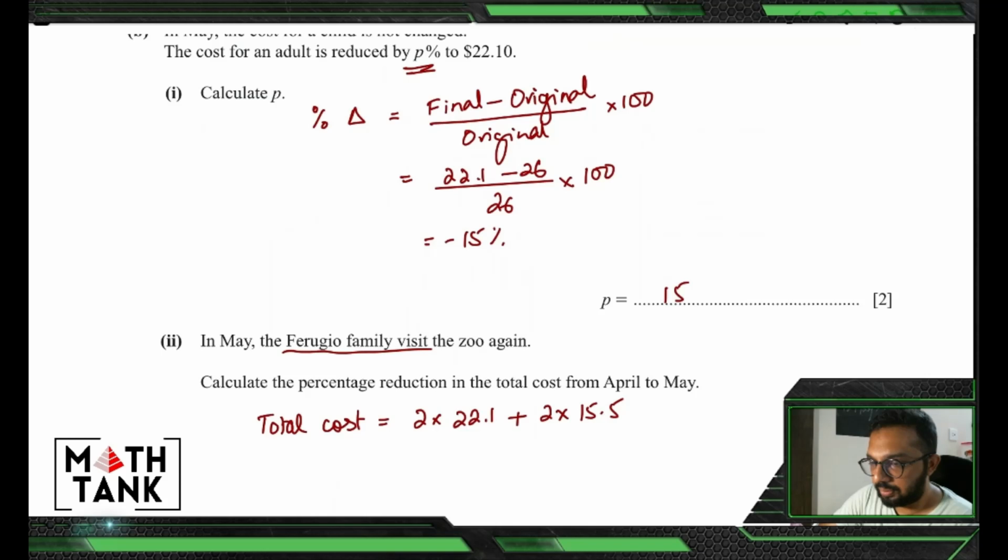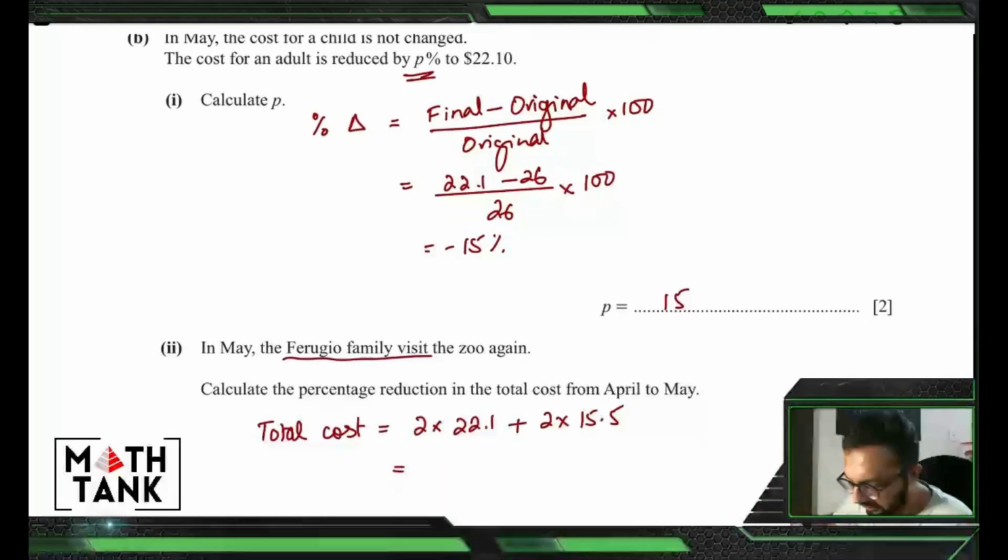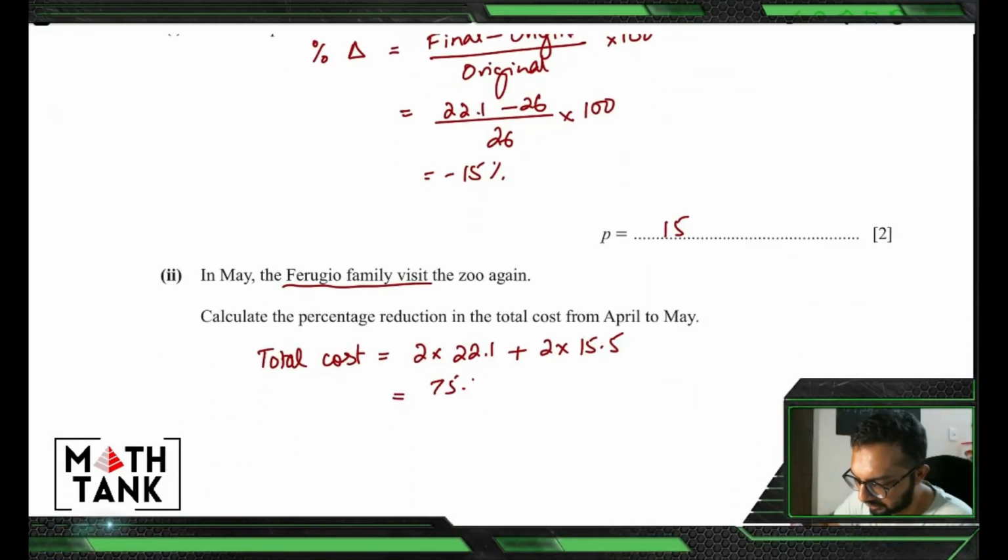2 into 22.1 plus 2 into 15.5. That's 75.2. It was 83 and now it's 75.2. So percentage change again is the final value minus the original value divided by the original value multiplied by 100.